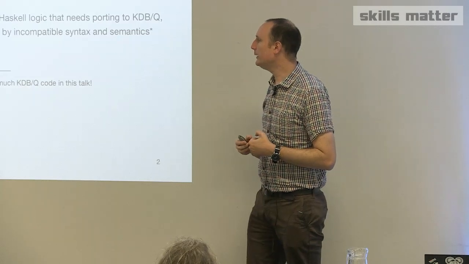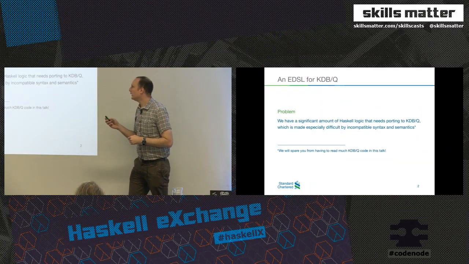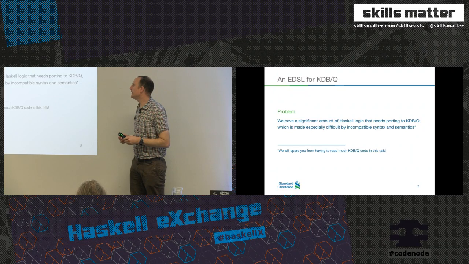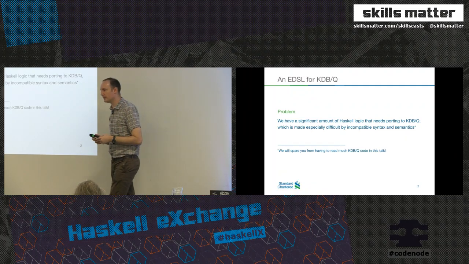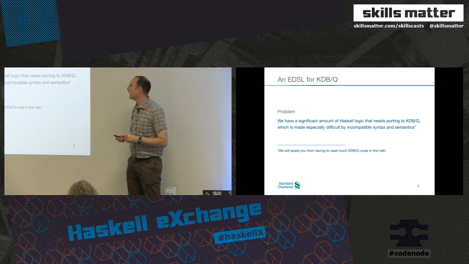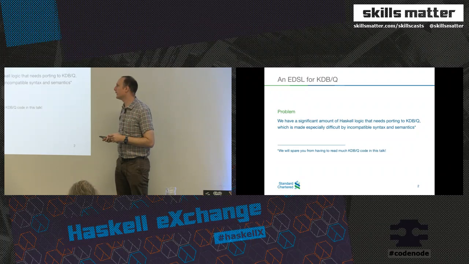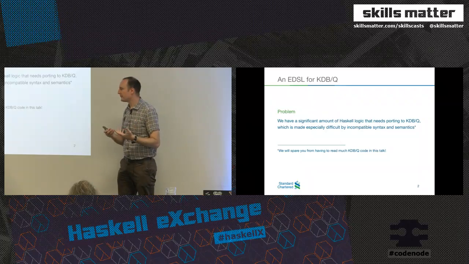And why are we doing this? What's the problem? We have a significant amount of Haskell logic that needs porting to KDB/Q. I can't talk about what the logic was, but there were thousands of lines of very, very complicated Haskell code that was dealing with taking market data and smoothing it and averaging it.